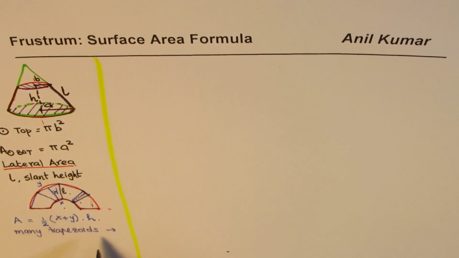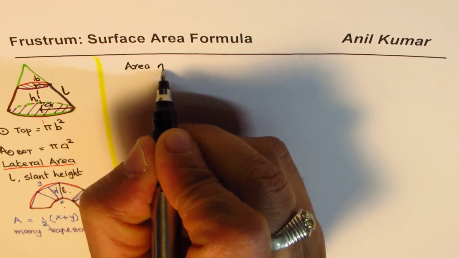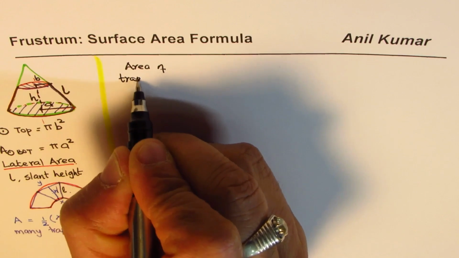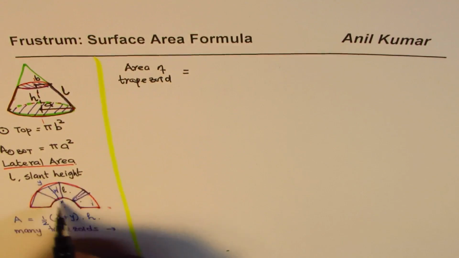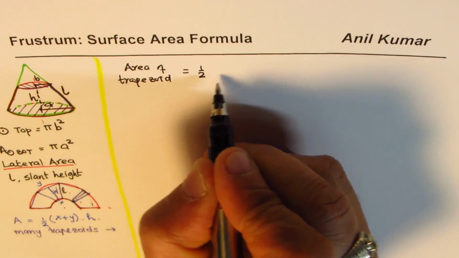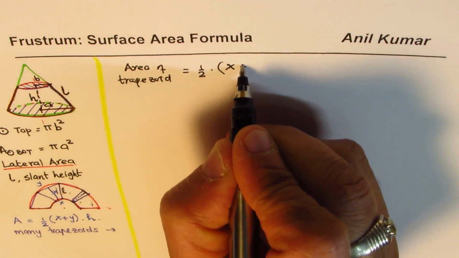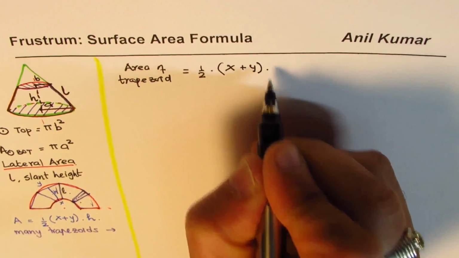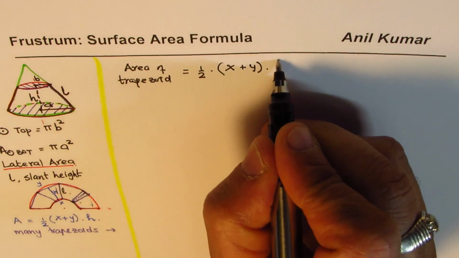What we are talking about here is the area of a trapezoid. Since we took x and y, it is half times the sum of opposite sides. That's a standard formula. We are not deriving that here. We can look into the videos where we have derived it already, times height.